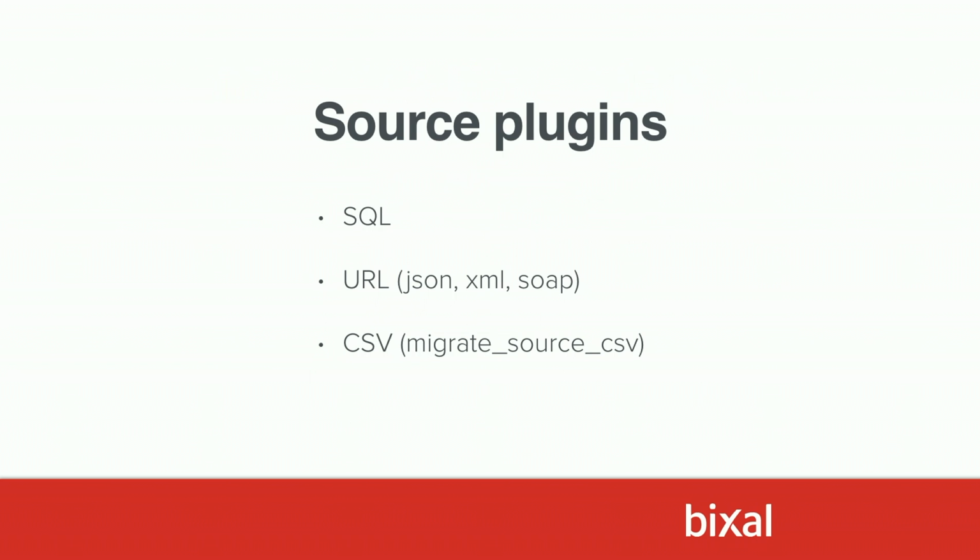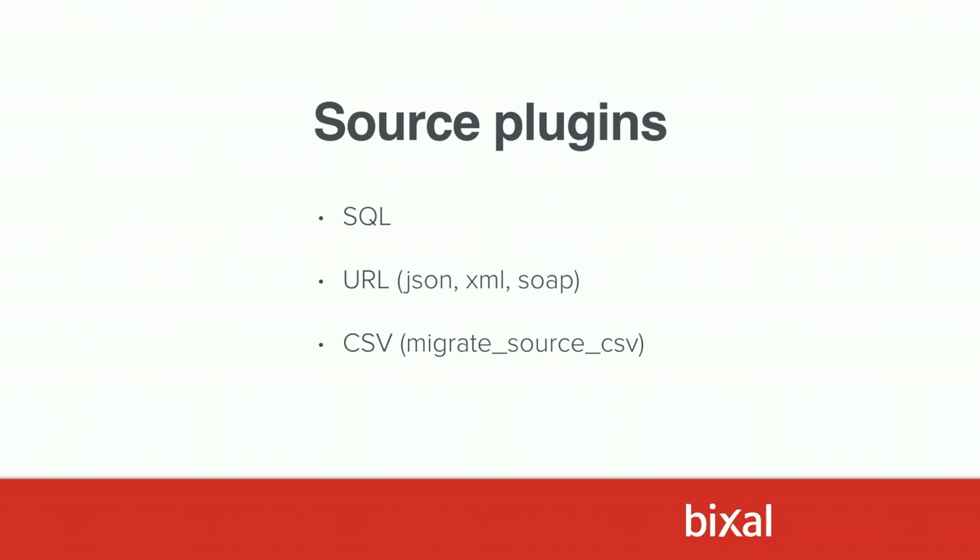So let's start talking a little bit about source plugins. Our source plugin is going to try to understand the technology behind our source, where our data is. Right now, the most common one would be an SQL source. We could also have a URL source, which is what we are going to be using today in this session.